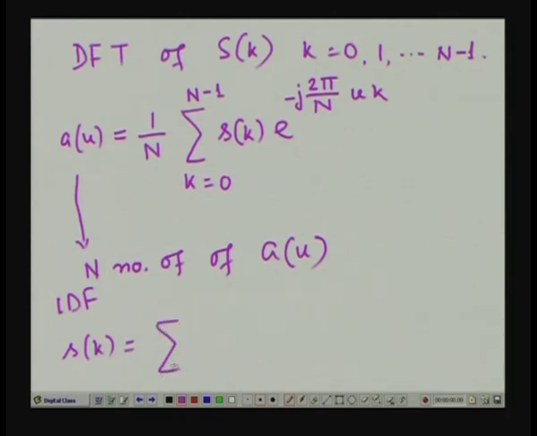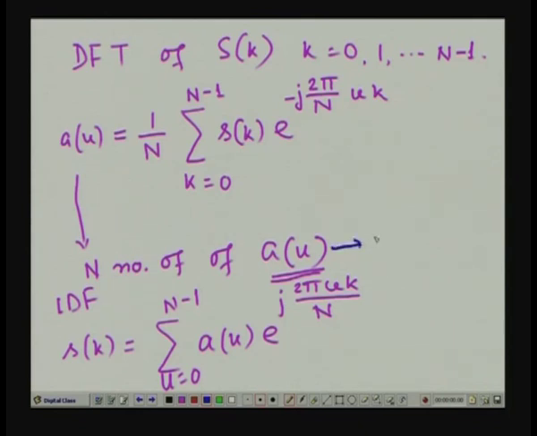This inverse discrete Fourier transform is given by a u e to the power j 2 pi uk by capital N, where u has to vary from 0 to capital N minus 1. This set of capital N complex coefficients is what is known as the Fourier descriptor of the boundary points.